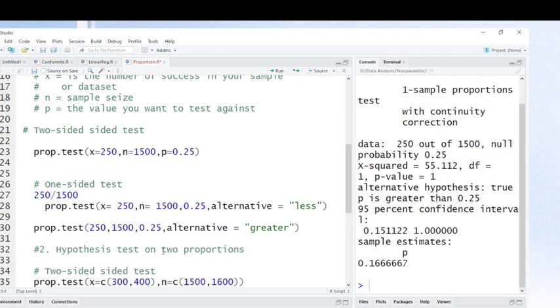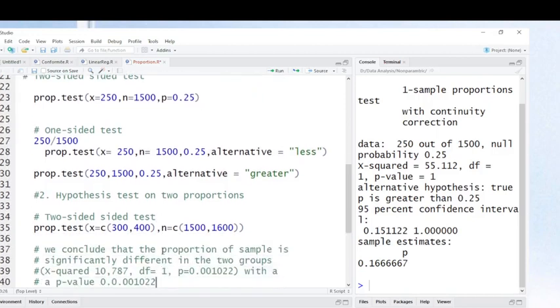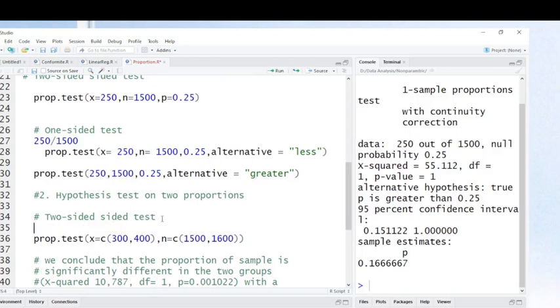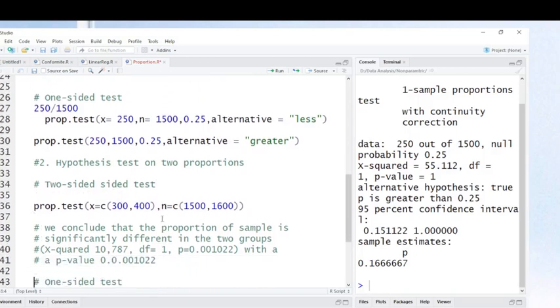And let's show you how you can compare two proportions. Now here the null hypothesis is that the proportions are equal, the same null hypothesis. But here, for instance, this is the success for this sample, and this is the success for this sample.